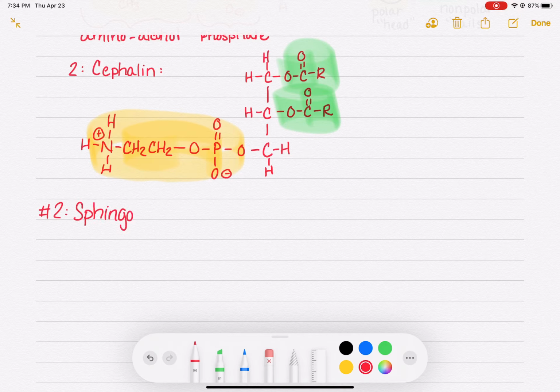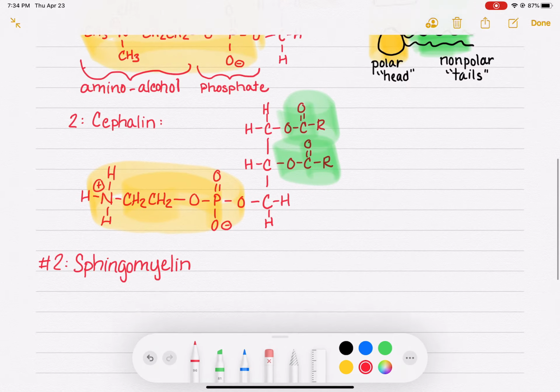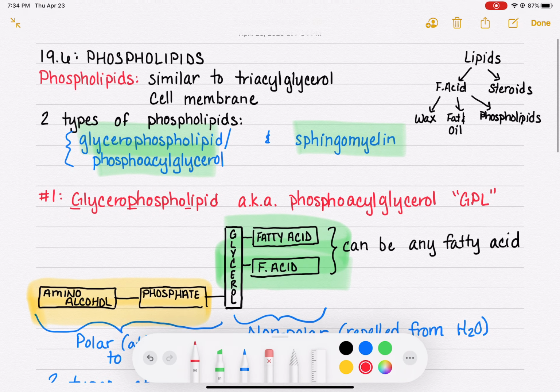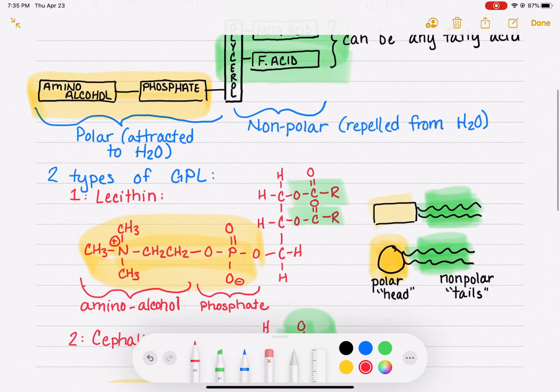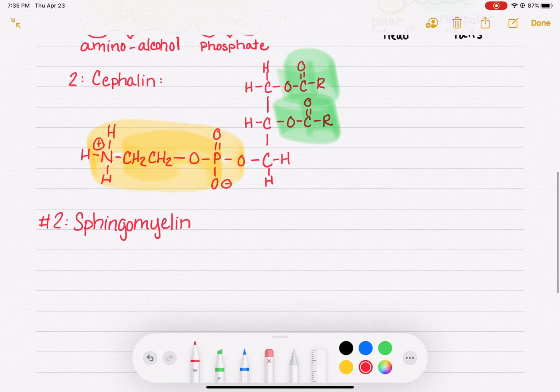And I think this is usually kind of confusing for students to organize in their notes, because we have phospholipids and there's 2 types of phospholipids, glycerophospholipids and sphingomyelins, and then there's 2 types of glycerophospholipids. So I think it's the 2 types twice that gets people kind of confused.